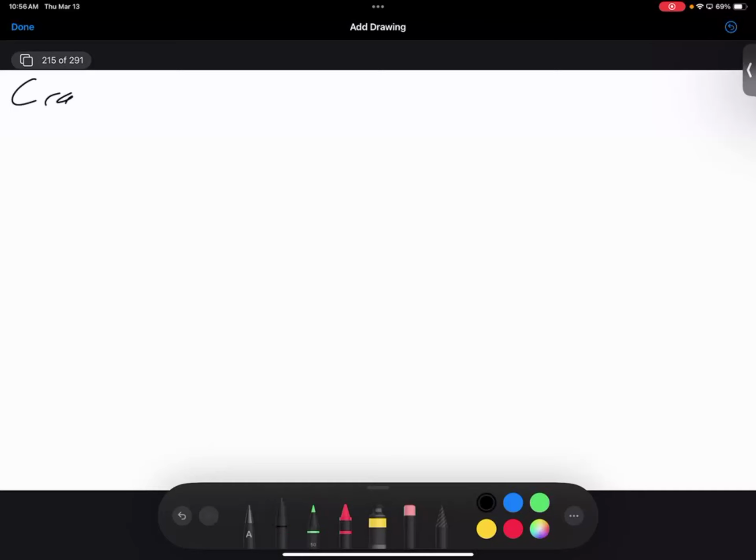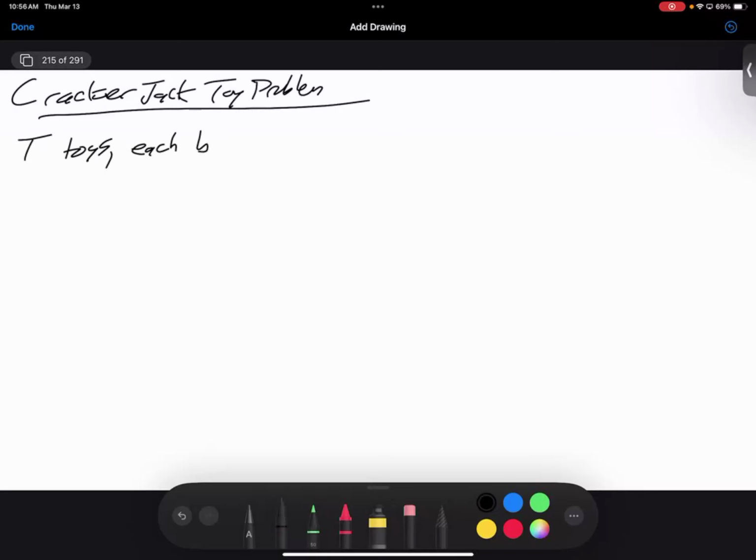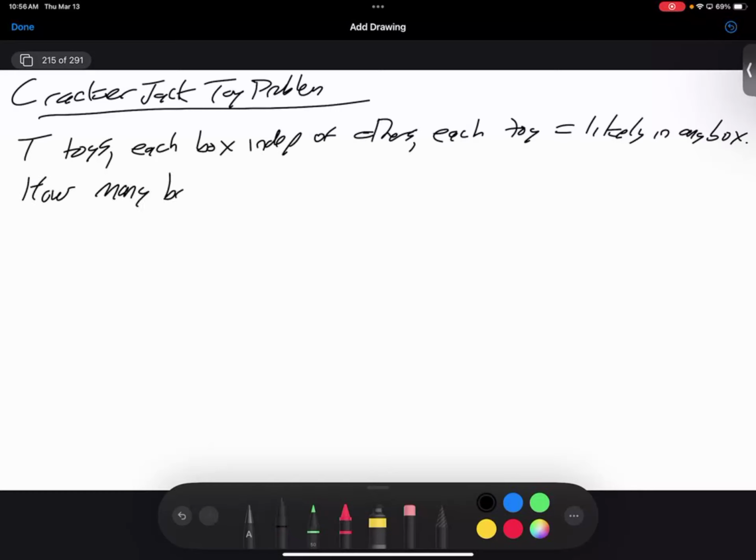We have T toys, each box independent of others, each toy equally likely in any box. How many boxes to open till we see each toy?